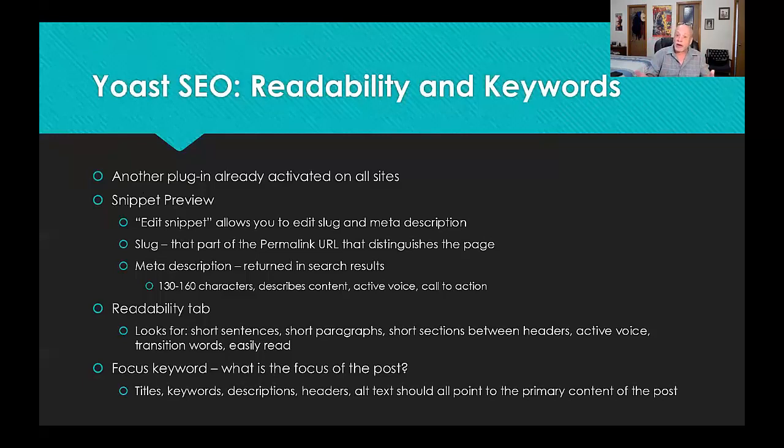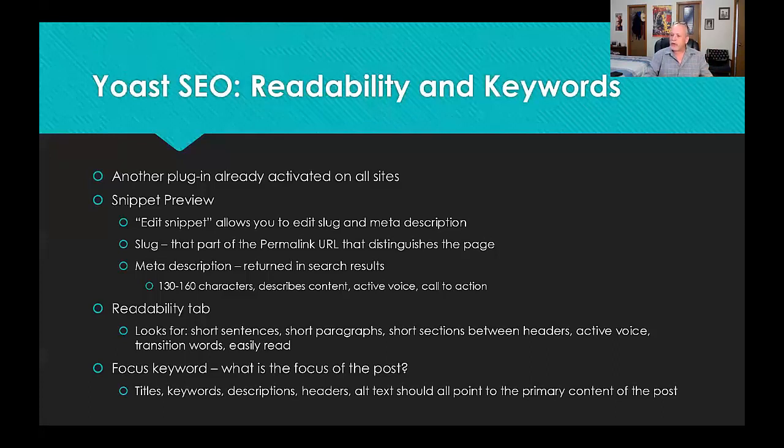The reason you want your meta description there is because it's often returned in search results when people are looking up information in Google or whatever search engine they might use. The slug we already talked about. It's the part of the URL that distinguishes the page. The description's got to be under 160 characters. You want to describe your content accurately and concisely. Use the active voice. Perhaps use a call to action.